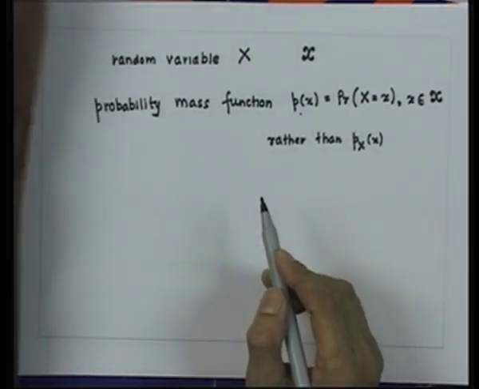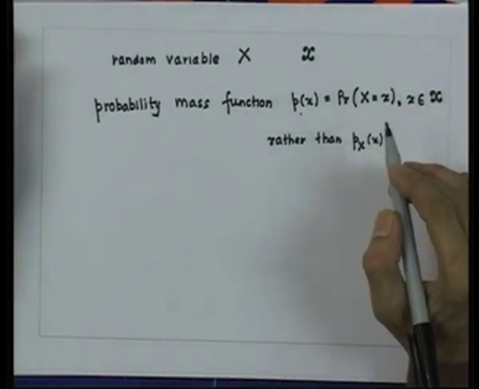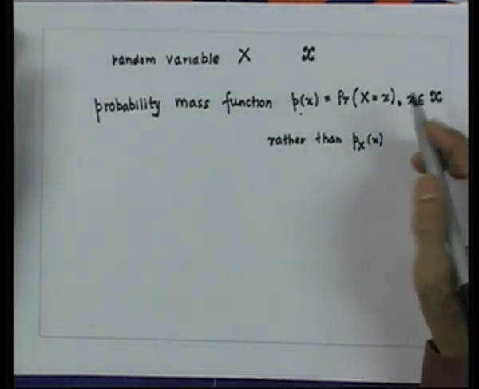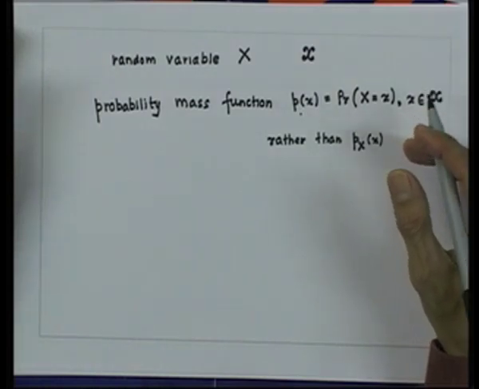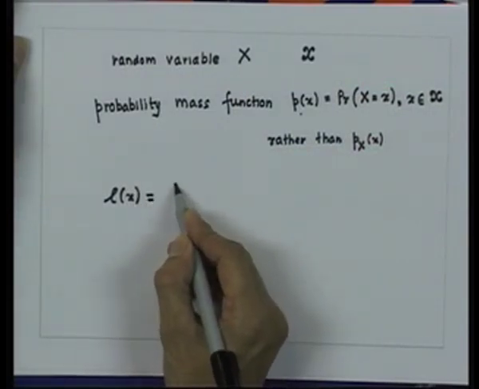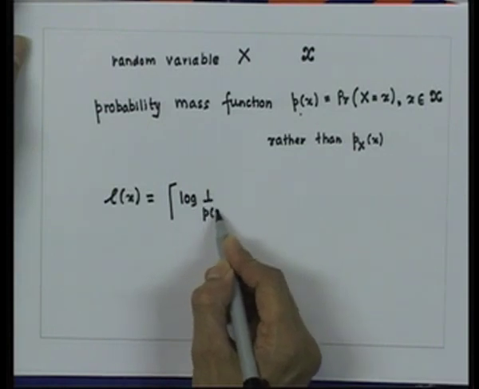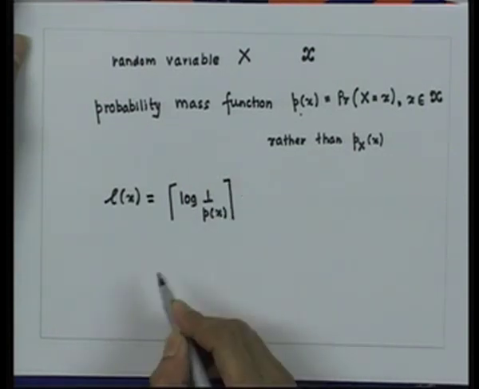Now dealing with Huffman codes is difficult since there is no explicit expression for the code word lengths. Instead we will consider the Shannon code, because for the Shannon code word lengths like Lx can be specified as equal to log of 1 by Px.